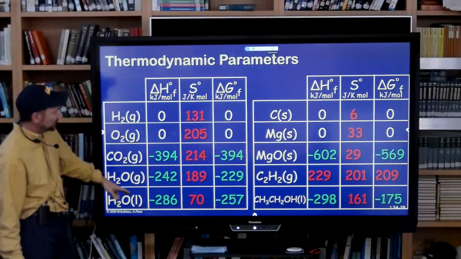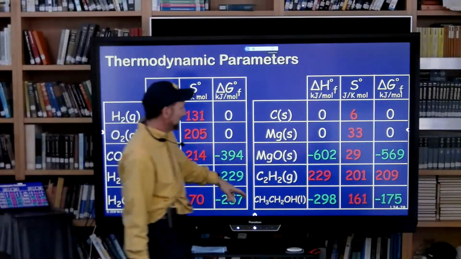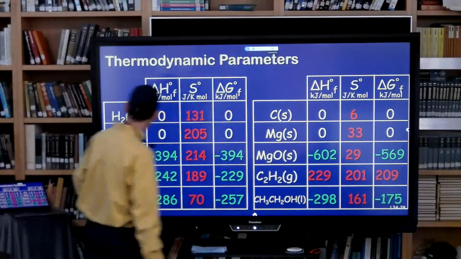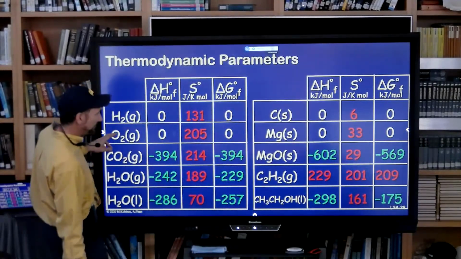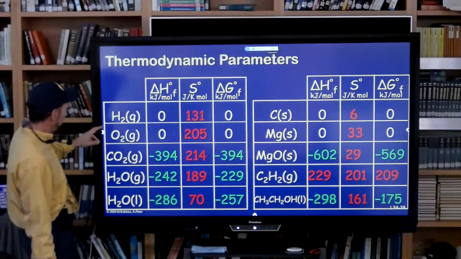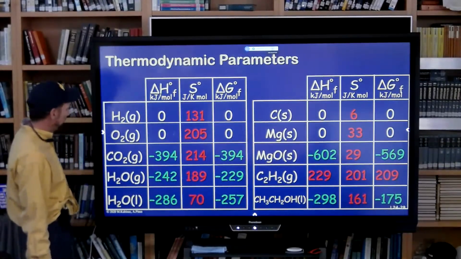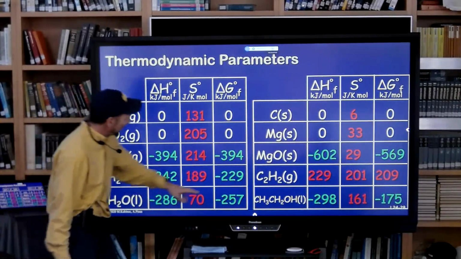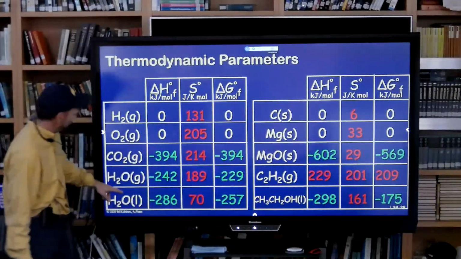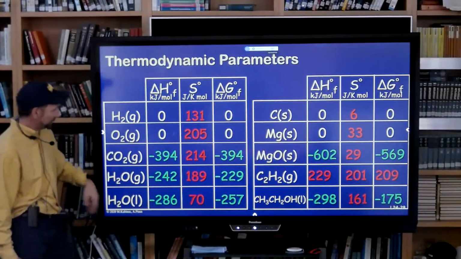There are some things that we expect to have. This is the one we just looked at, liquid going to gas. So we would expect to be able to subtract those two, products minus reactants.